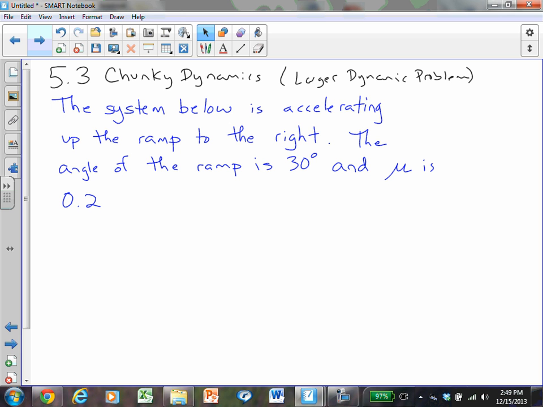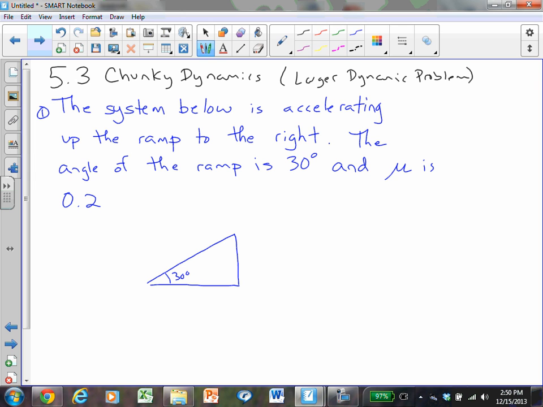So the first example problem is the system below, which I haven't drawn yet. It's accelerating up the ramp to the right, and the angle of the ramp is 30 degrees, and mu is 0.2. So it looks like this. We got a ramp at 30 degrees, pulley on it, connected around to another block that's hanging off.